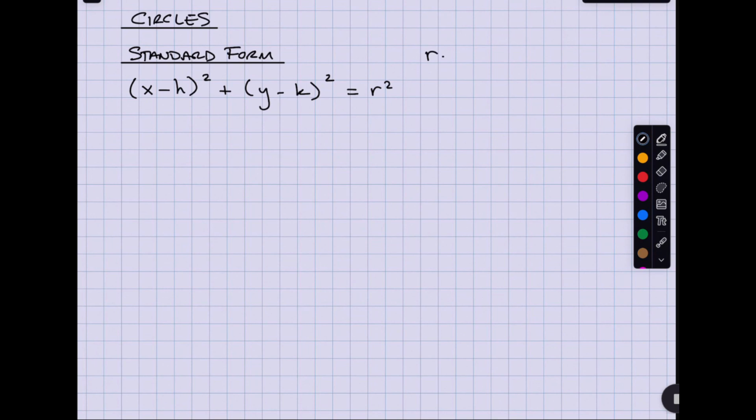The r is your radius, and then h comma k is your center.